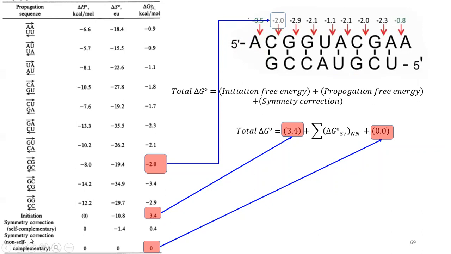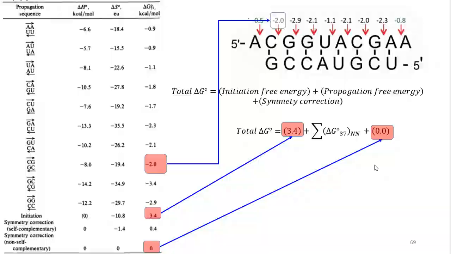In such a case, you would call it non-self complementary. We don't know where this sequence folded or how far the propagation went before it got some U-turn. So in such a case, we consider the symmetry correction as 0, because it is non-self complementary.